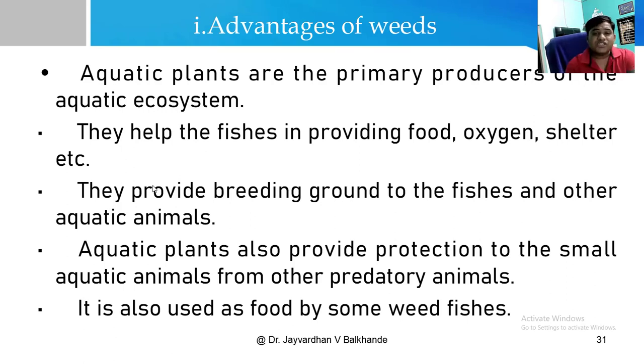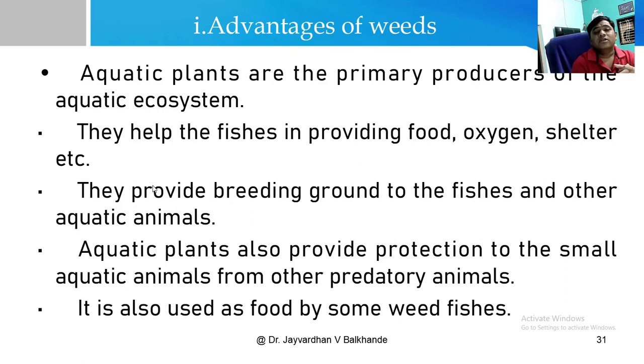Whatever fishes are present in the water, because of these aquatic weeds they get food material, oxygen, and most importantly, shelter. In the form of a number of aquatic plants, they act as a shelter for many fishes.